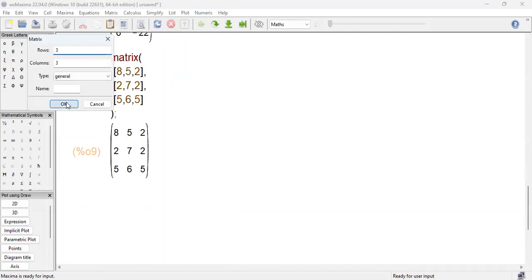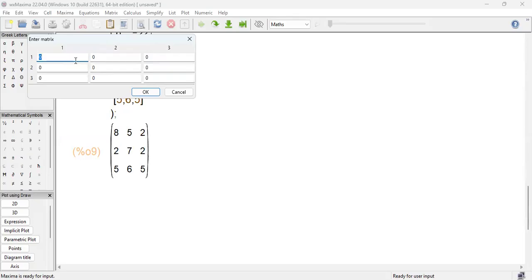So 3 by 3: 3, 10, 6, then 5, -1, 7, then 2, 2, 10.